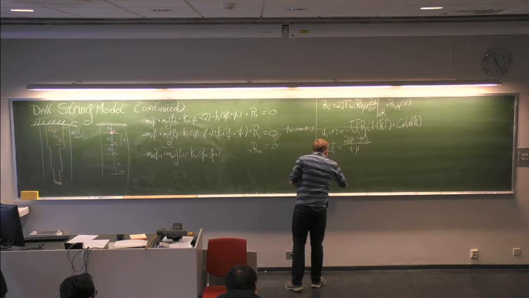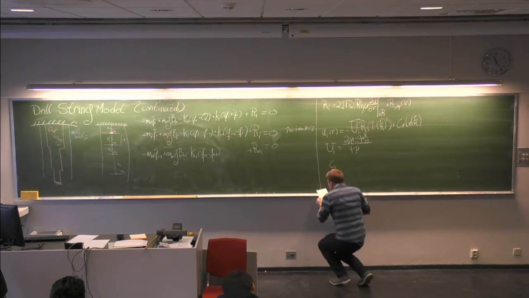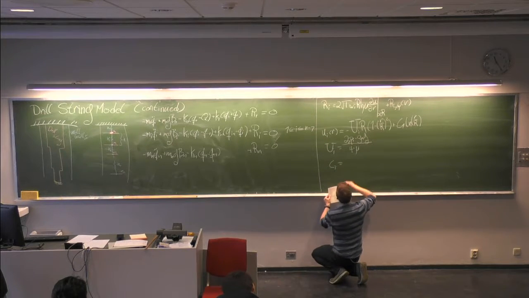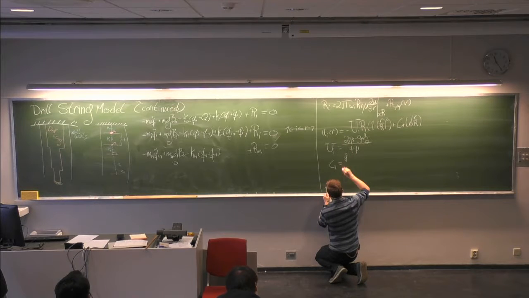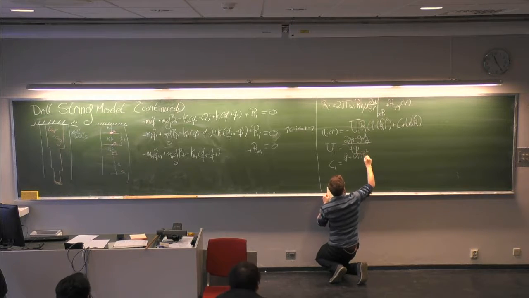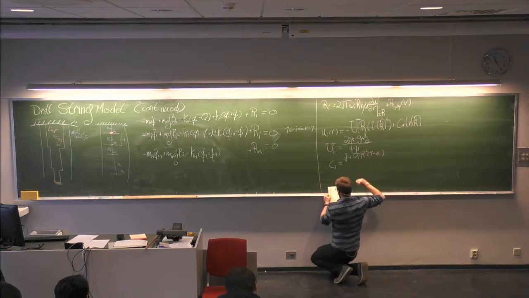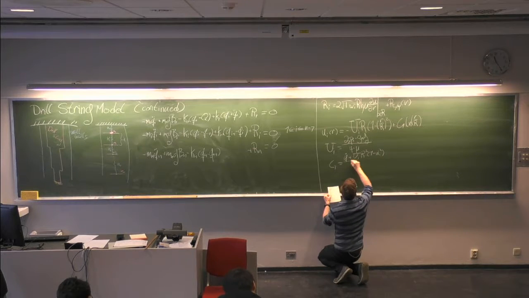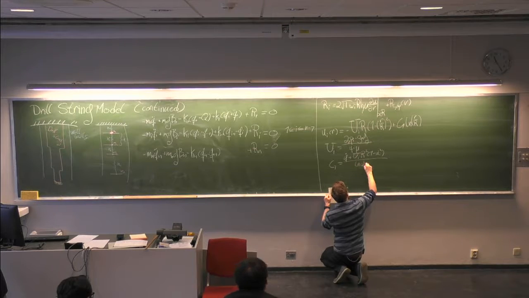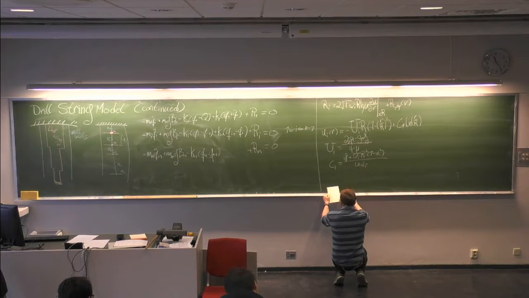The constant D1 we found to be Q dot plus U_i times (1 minus alpha_i squared) over the logarithm of this fraction.